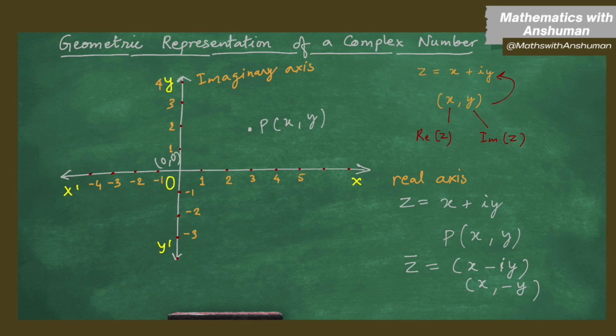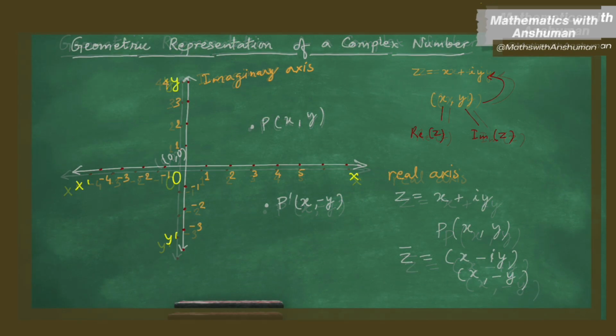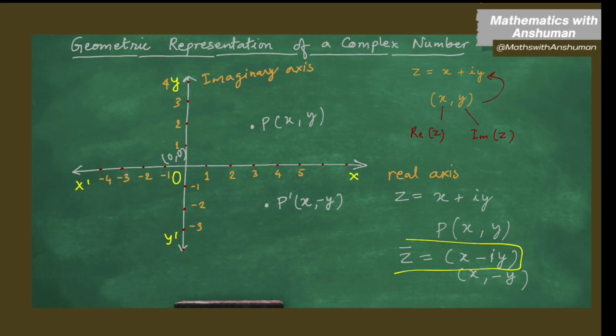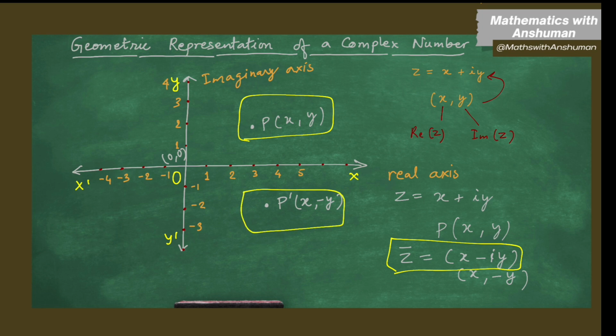Let us plot the conjugate of this complex number. So the conjugate of this complex number, let's say the point is named P dash, that is (x, -y). The conjugate of a complex number behaves as the mirror image of the complex number. So if your complex number P, that is x plus iy, is something like this, then the mirror image will be at exactly the same distance from the x-axis.